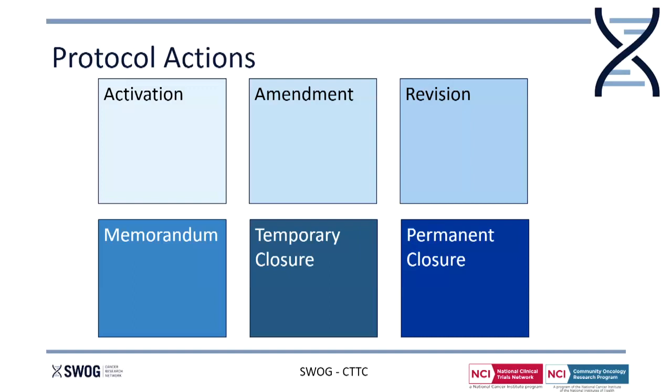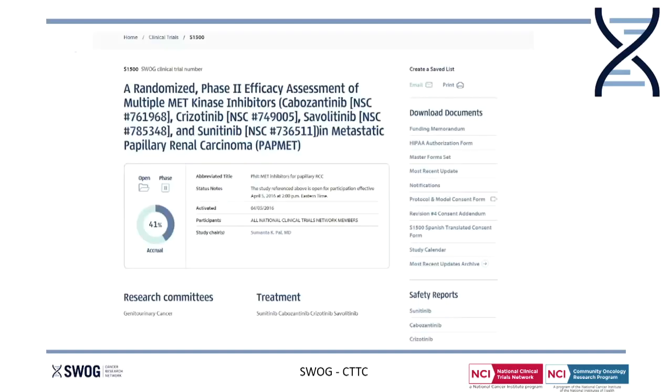But we also will, on occasion, permanently close a study when we reach the point where we realize we're never going to finish this study, or if there's new information that comes out that lets us know that there's not a point in finishing the study. Someone's already answered the question, or other drugs are now being approved in the same setting. When we've reached that point of futility, then we would permanently close the study.